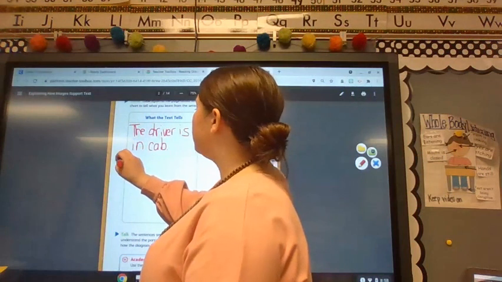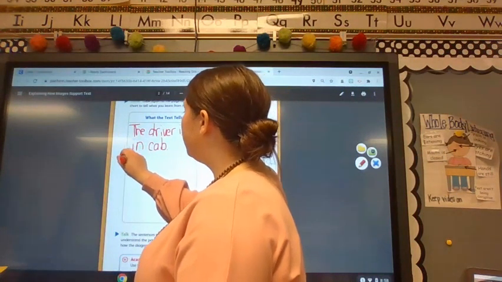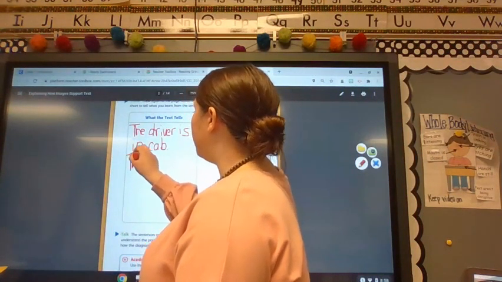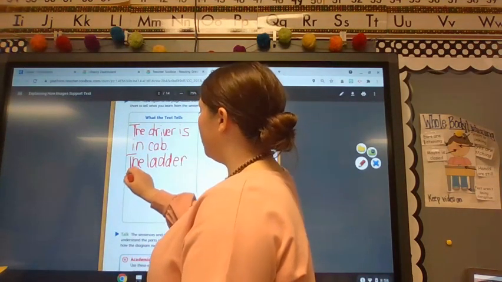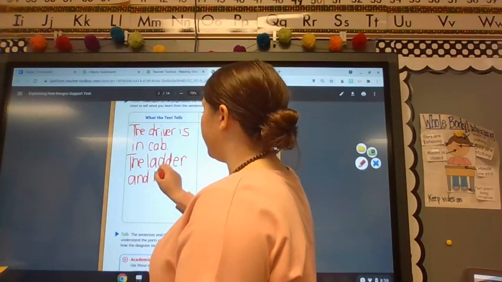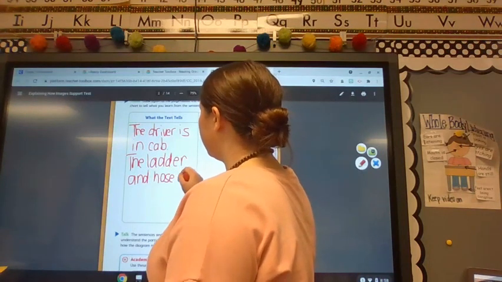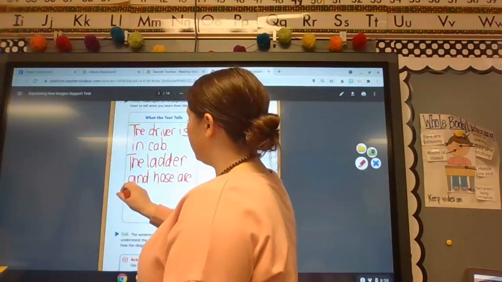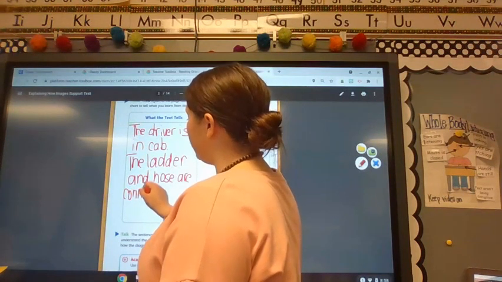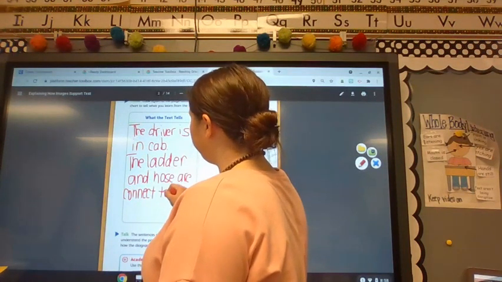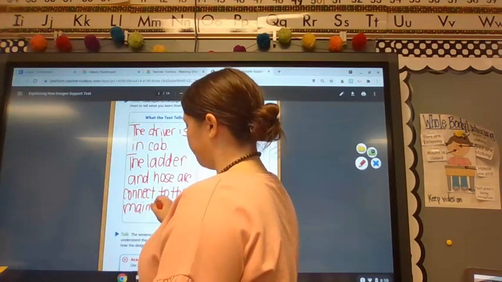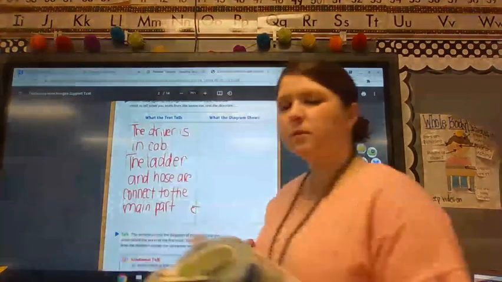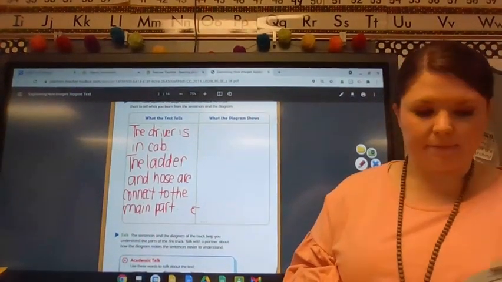So it also told us the ladder and the hose are connected to the main part. Right? What else did the words tell us that the diagram didn't?